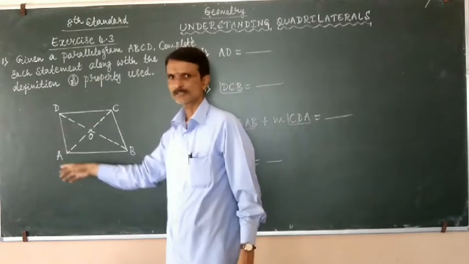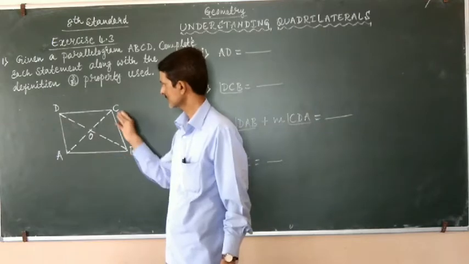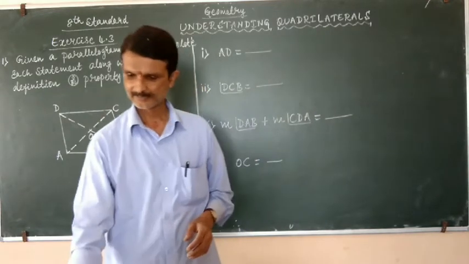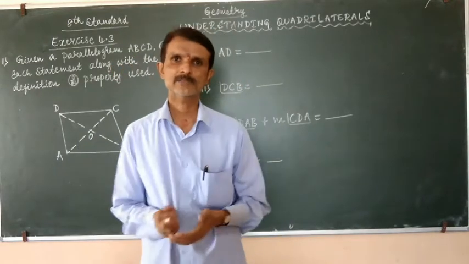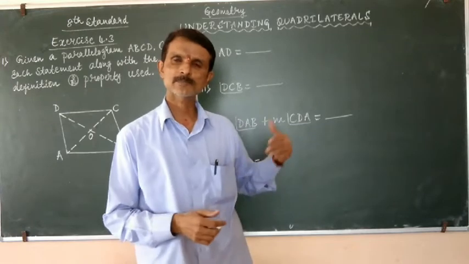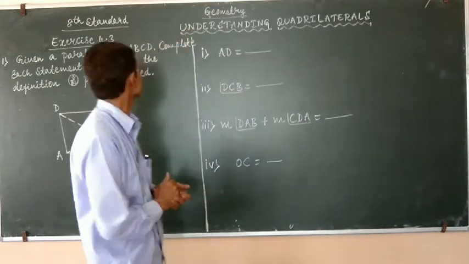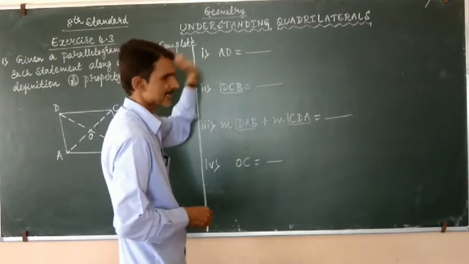So here is the diagram of parallelogram ABCD. By seeing that parallelogram and by using its properties, we have to complete the given statements. The first one is AD is equal to dash.